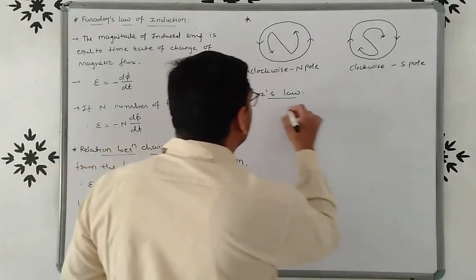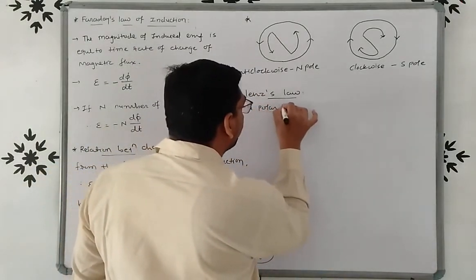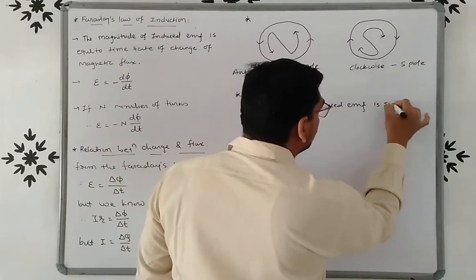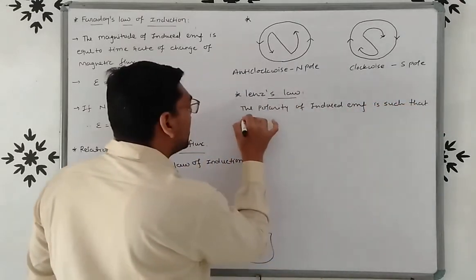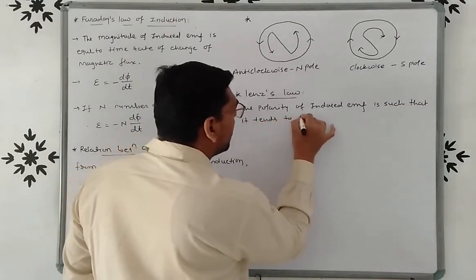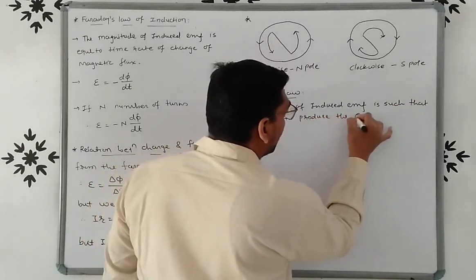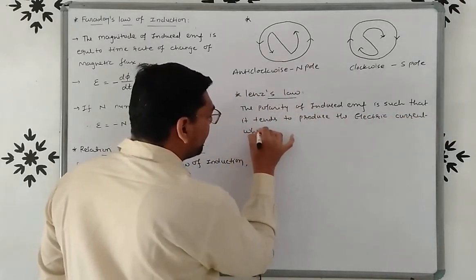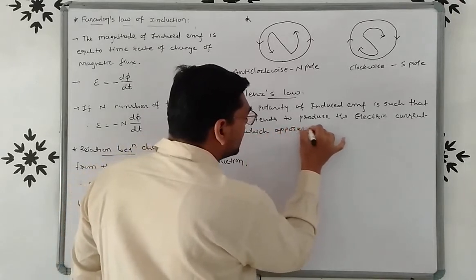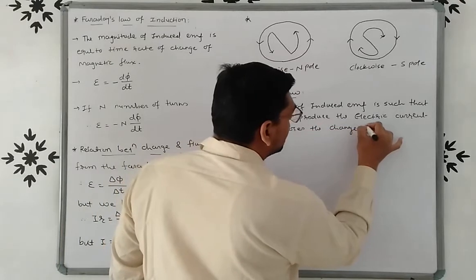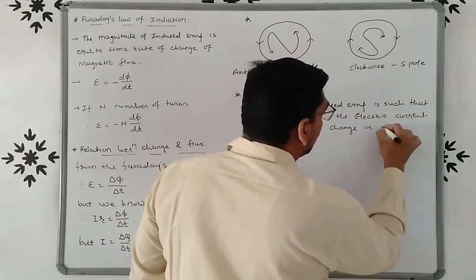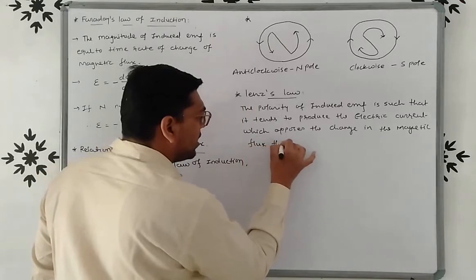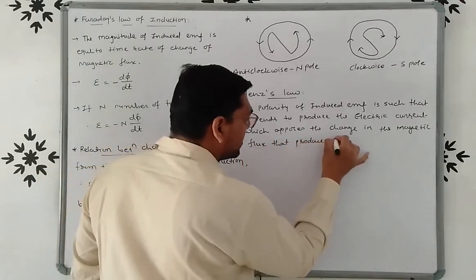So the statement is like this: the polarity of induced EMF is such that it tends to produce the electric current which opposes the change in the magnetic flux that produces it, right?